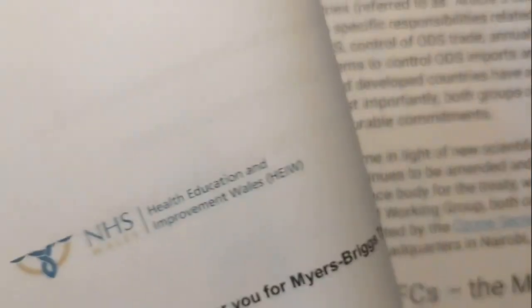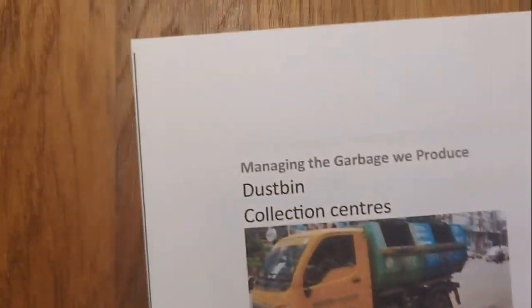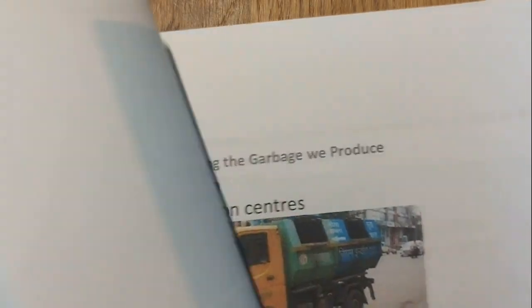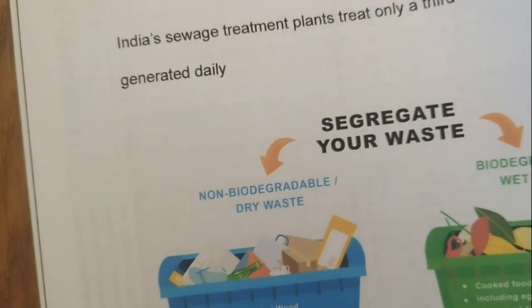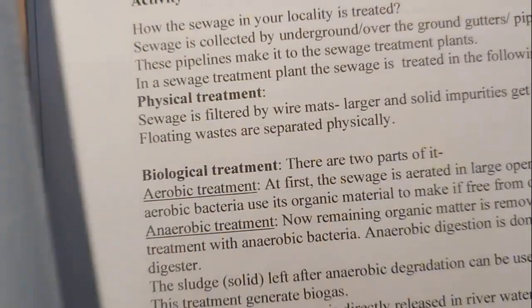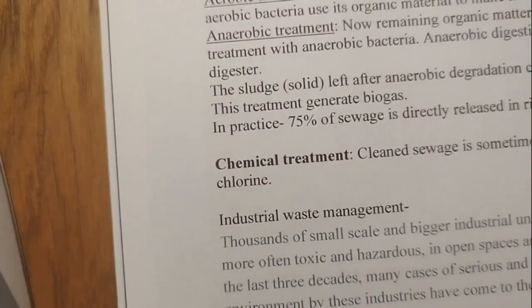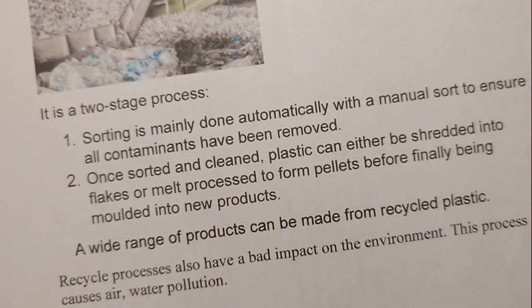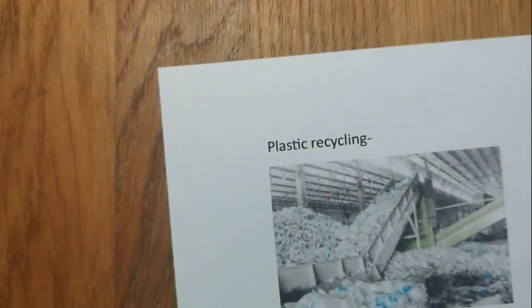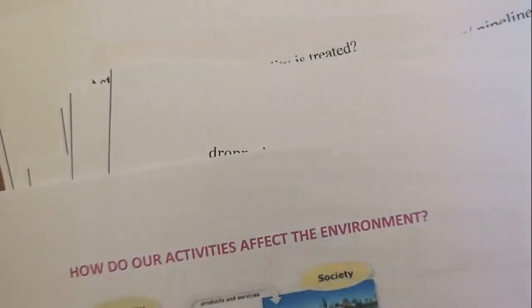We'll also go through topics such as garbage management and the different types of garbage and how they are managed, including the management of industrial waste and recycling of electronic items, that is e-waste recycling, and in the end we'll also talk about plastic recycling. So these will be covered in the next part.